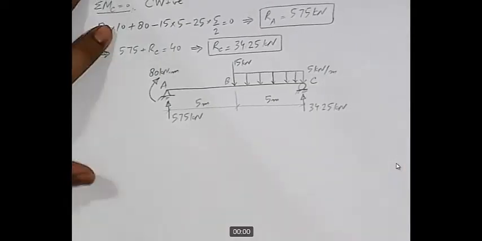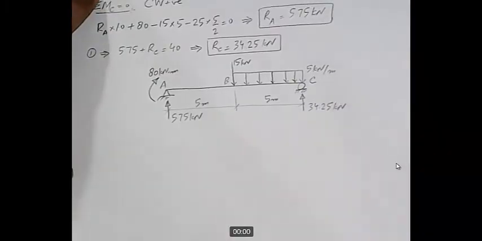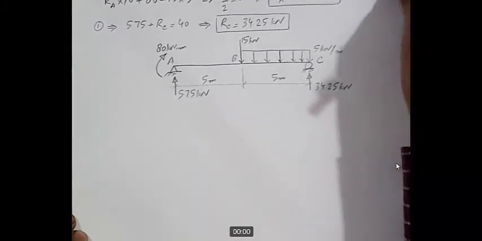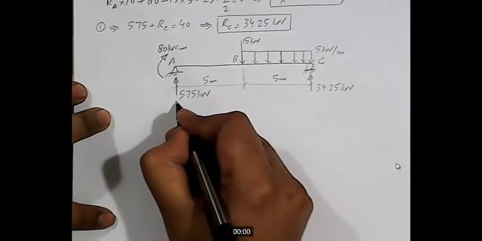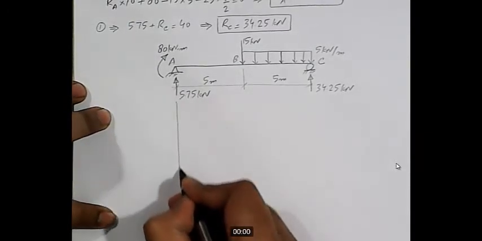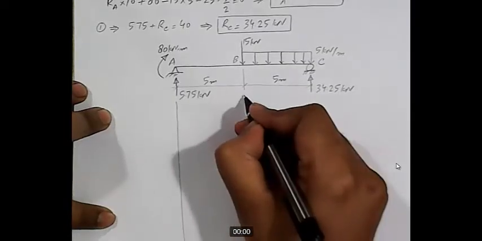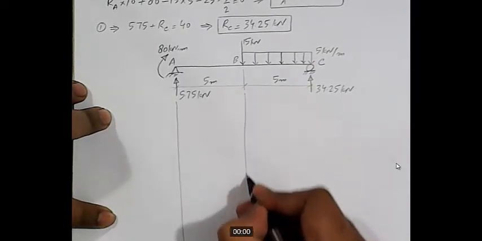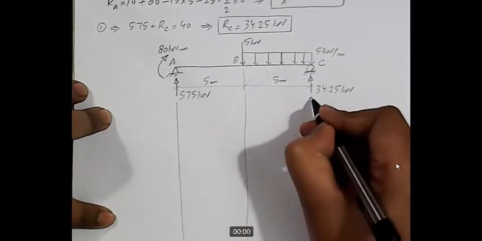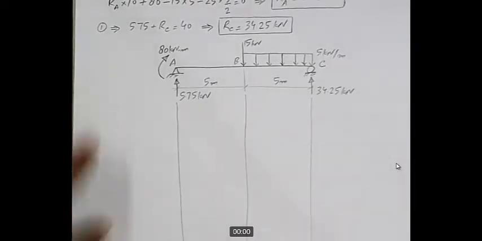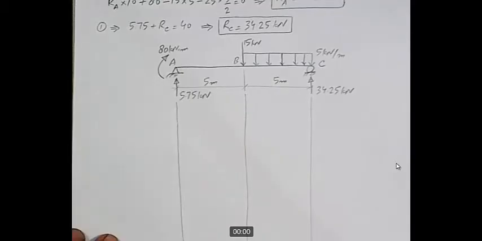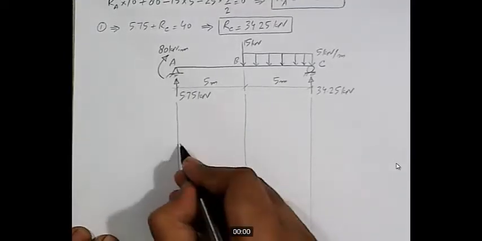So in order to plot SFD and BMD, now we will draw the guidelines. And we know that we draw guidelines corresponding to every point where we expect a change in shear force or bending moment. So let's draw the shear force diagram first.